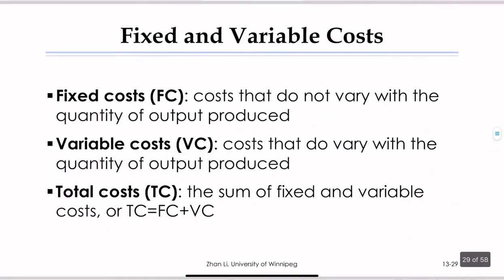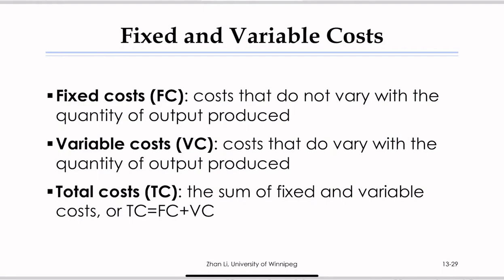So first, let me define these different kinds of costs. The first is the fixed cost. Well, this is easy to understand, right? So basically, fixed cost refers to the type of costs which are fixed during the production, right? And then we have variable costs, which means the type of costs which will change as you increase or decrease your output.